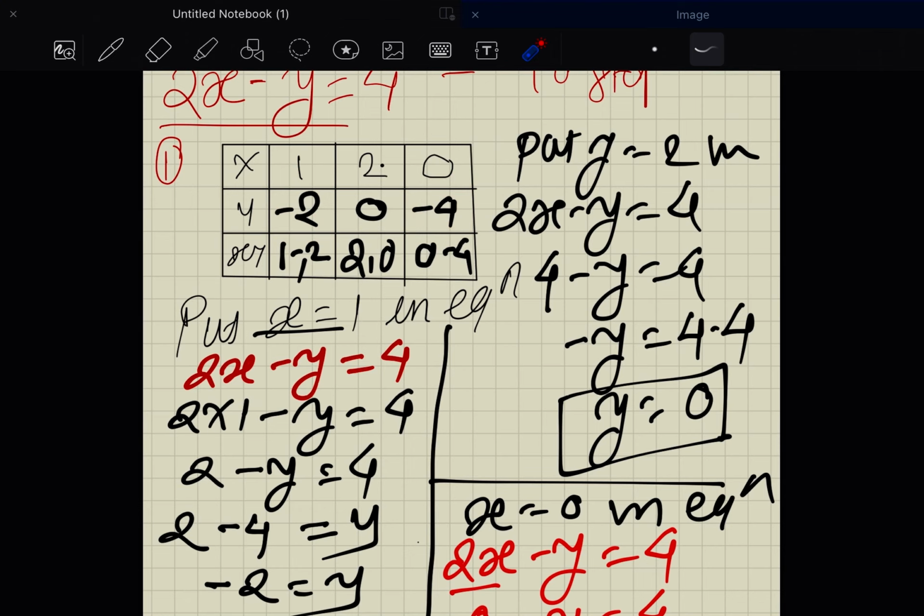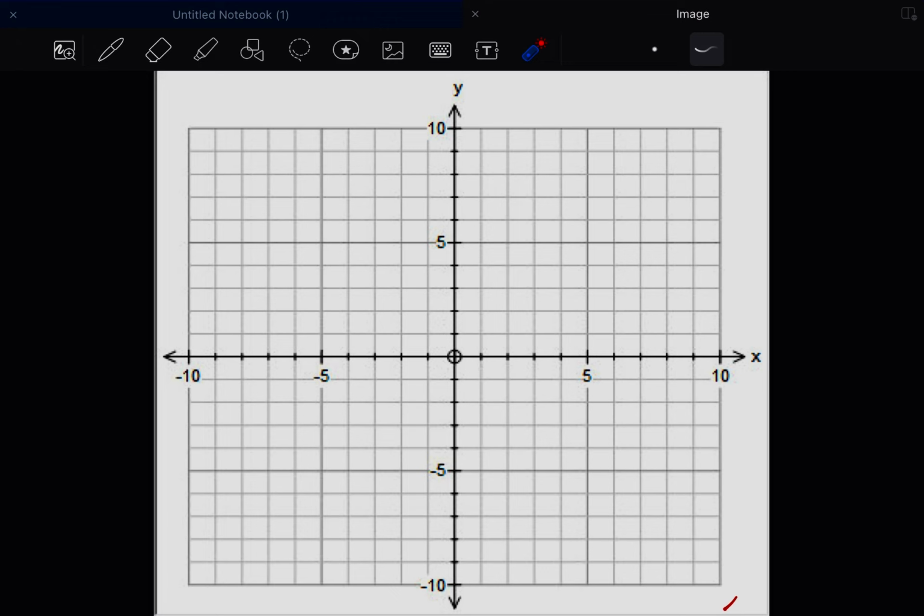So the maximum value, just assume it to be 4 for all. First of all, write the scale on the x and y axis: 2 centimeter is equal to 1 unit.